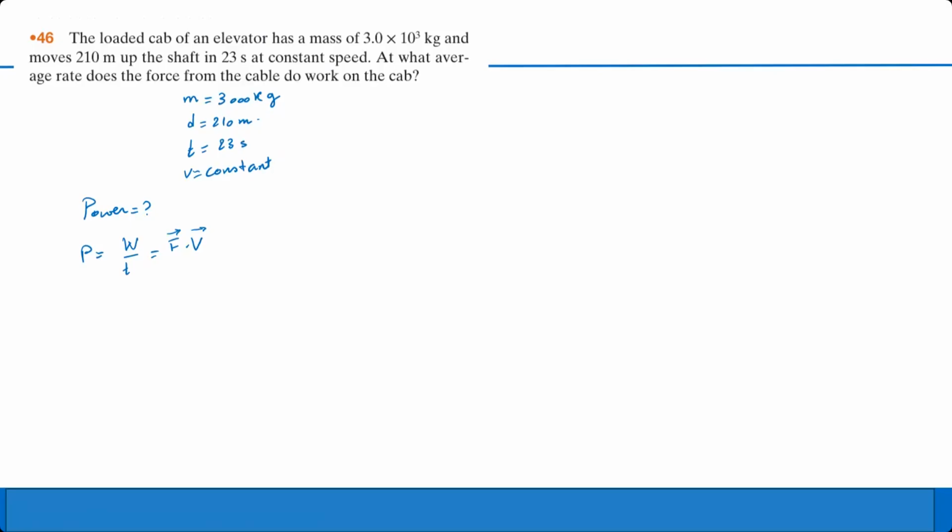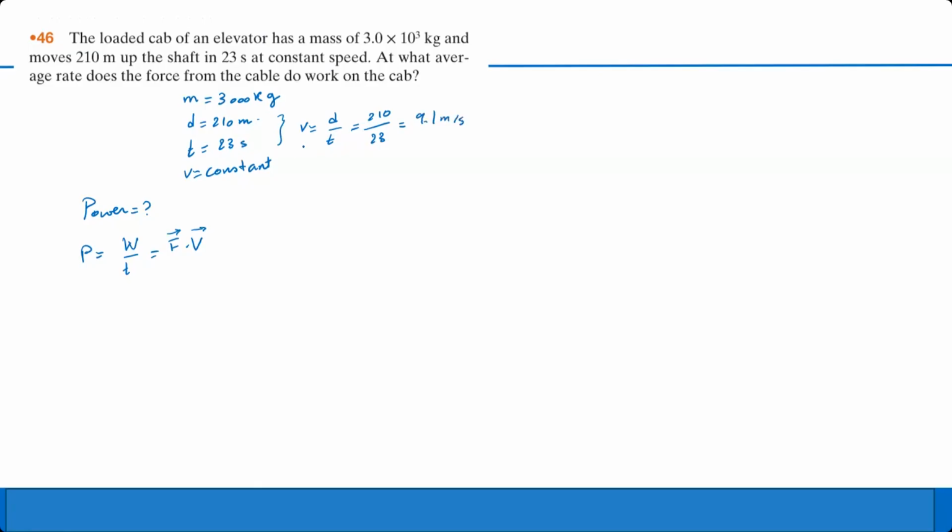I don't have the speed, but it is easy to find. I have the distance and the time, so V is just D over T, which is 210 over 23. Let's calculate that. This will be 9.1 meters per second.